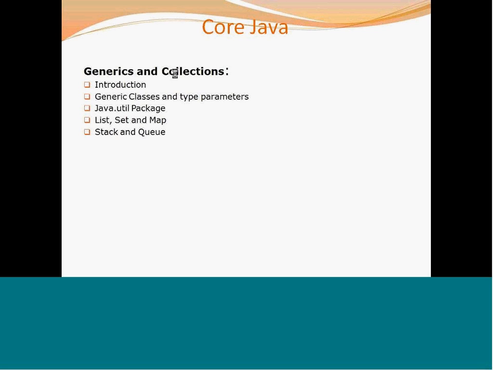That is what generics is all about. In core Java it was included in 1.5 because earlier they did not have that much memory, and the other versions were not that stable.